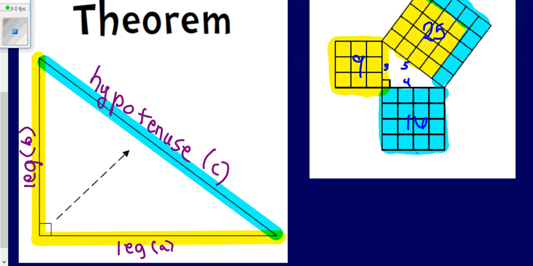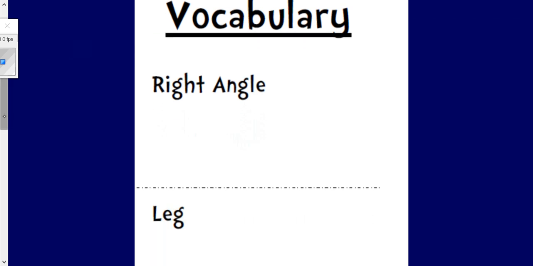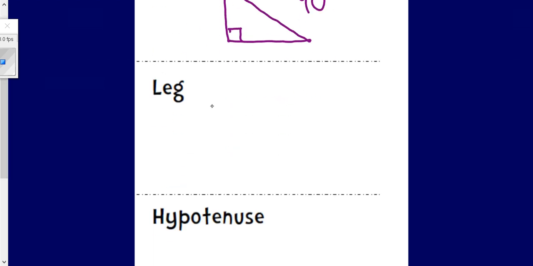Okay, so let's look at some examples and what the Pythagorean theorem can help us do. We already know our vocabulary, but just to re-emphasize, I've got my right angle, always marked by a box, 90 degrees. I've got the 2 legs of my right triangle.